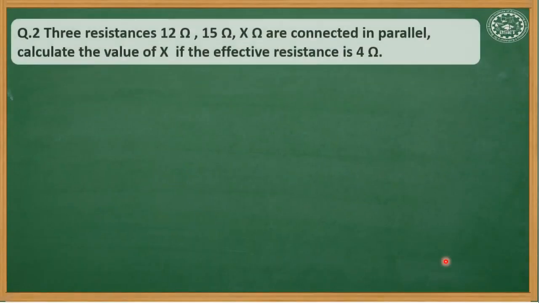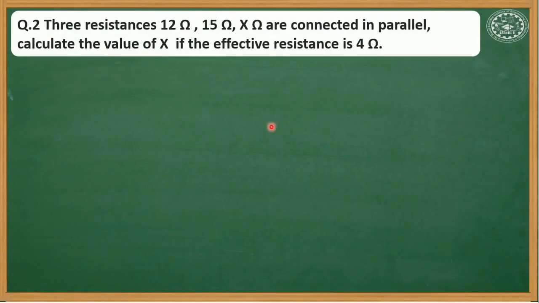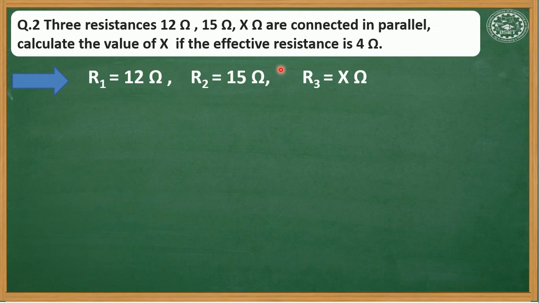Next numerical, three resistances 12 ohm, 15 ohm and X are connected in parallel. Calculate the value of X if the effective resistance is 4 ohm. See what is given: R1 equal to 12 ohm, R2 equal to 15 ohm and R3 is the unknown resistance, and the parallel combination of these three resistances comes out as 4 ohm.